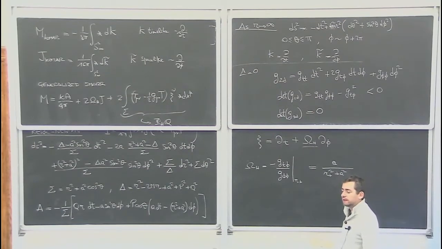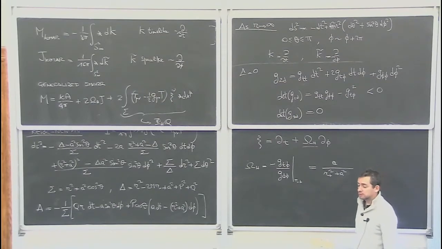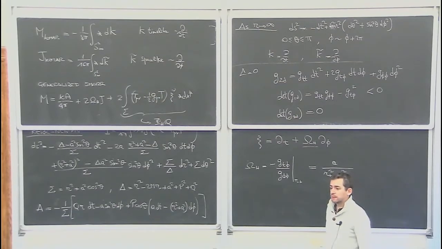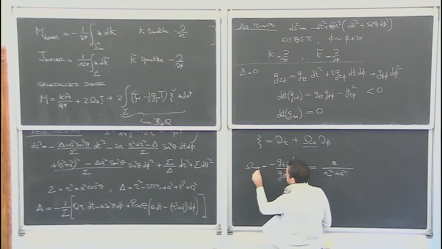Have you evaluated that formula for r minus? Have we obtained the same or not? So for r minus, you can evaluate it in the same way. You will get exactly the same with the minus here. Yeah, but I thought we said that omega H was constant. Yes, omega H is constant on the horizon, but here we have two horizons, we have two omega H's. I should have introduced omega plus and omega minus.